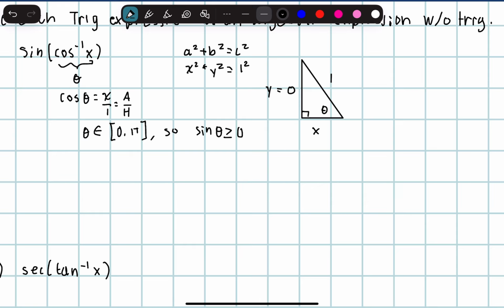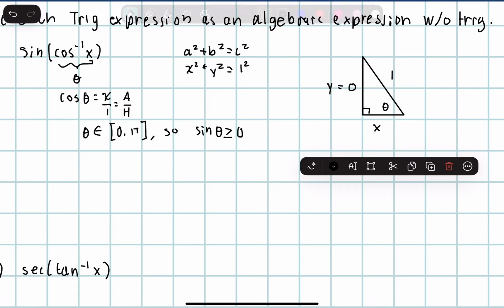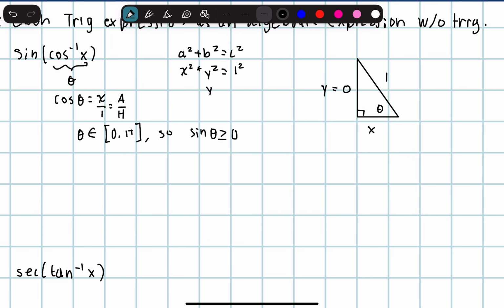Now we want to solve for y, right? So that means we have y squared is equal to 1 minus x squared. Then you take the square root, y is equal to the square root of 1 minus x squared. Great.